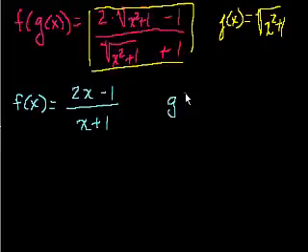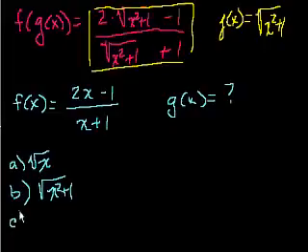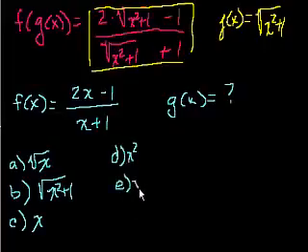So g of x is equal to, and they give these choices: a, square root of x; b, square root of x squared plus 1, which we just figured out was actually the answer; c, x; d, x squared; and then e, x squared plus 1.